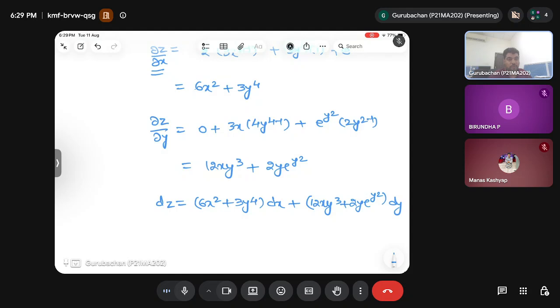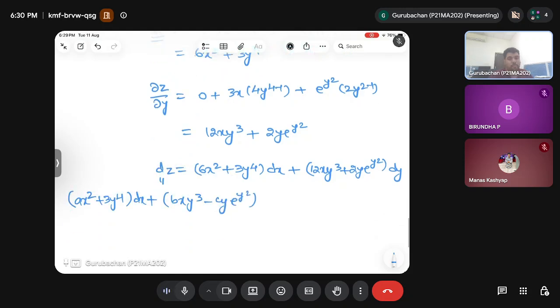Now what was the given value of this dz? This was given as a times x square plus 3y to the power 4 dx plus bxy cube minus cy e to the power y square. So if we compare the coefficients, a will be nothing but 6.